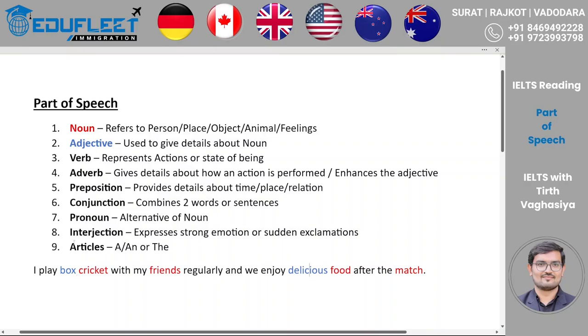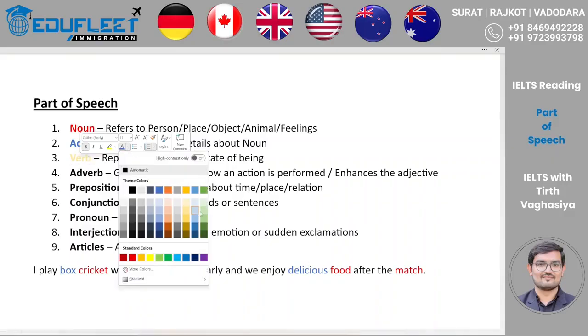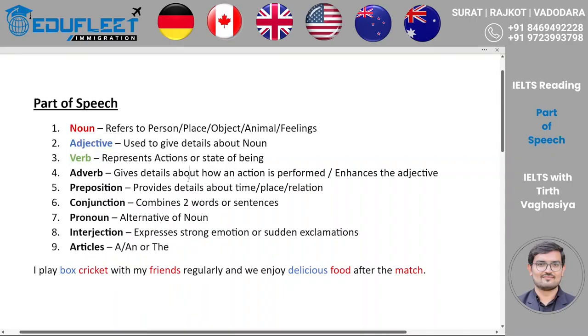Okay? So let's move to the next term, which is verb. Now, what is a verb and what is the purpose of the verb? It is the term that represents action. Action means going, sleeping, eating, running, singing, dancing.